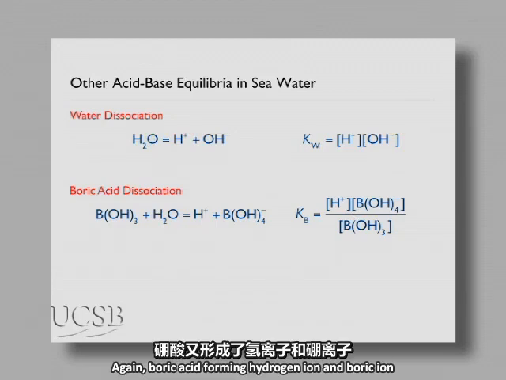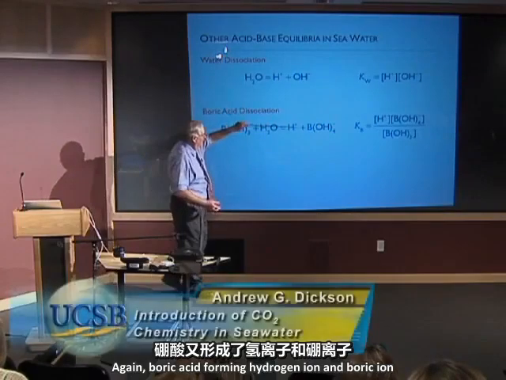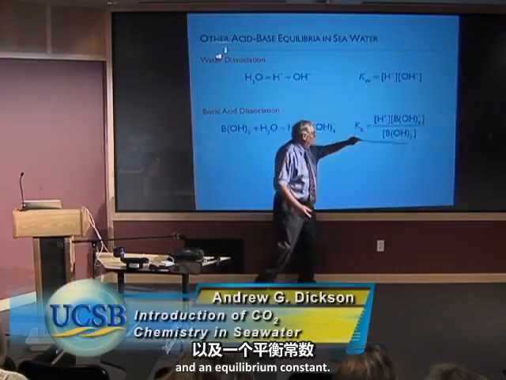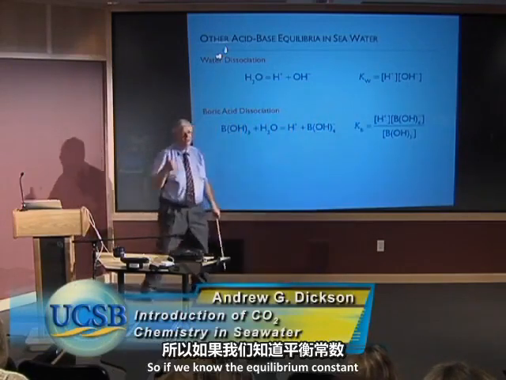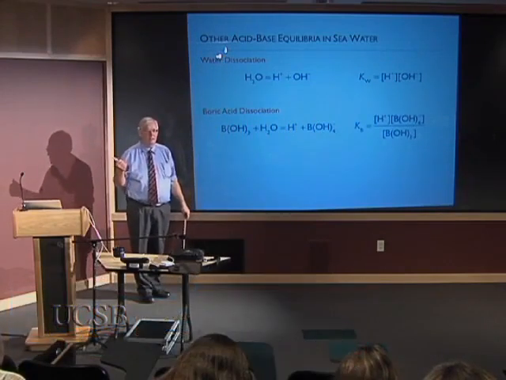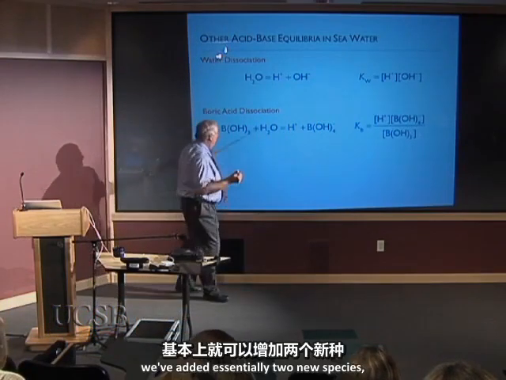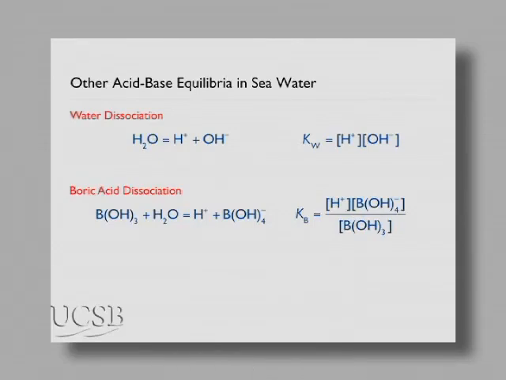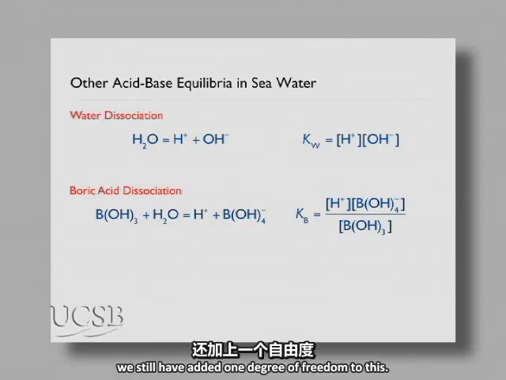Again, boric acid forms hydrogen ion and borate ion, with an equilibrium constant. So if we know the equilibrium constant, we've added essentially 2 new species, and we still have added 1 degree of freedom to this. How do we cope with that?